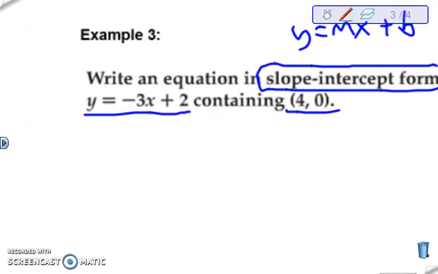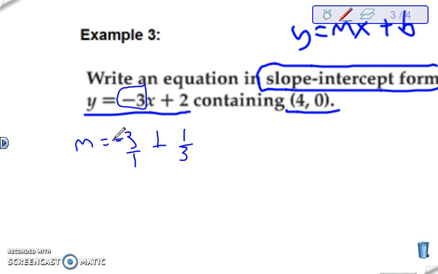So let's look at what we know. This line is in slope-intercept form. The slope is -3. I want my line to be perpendicular, so it's going to have the negative reciprocal slope, right? So let's make this into a fraction. We're going to reverse the fraction, and since this side had a negative sign, I'm going to leave this one as a positive. I also know it has to pass through 4, 0.